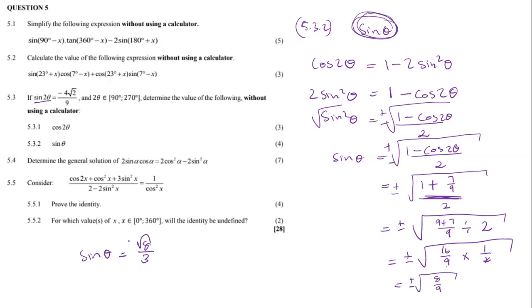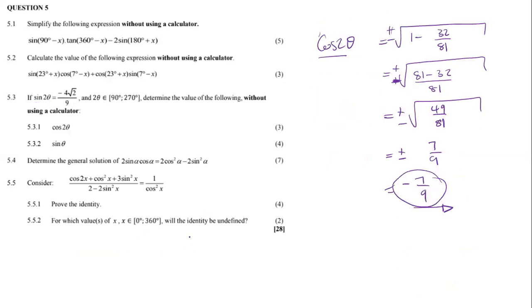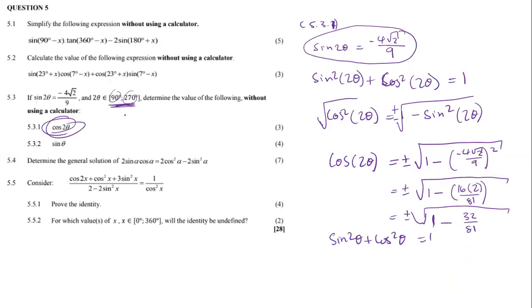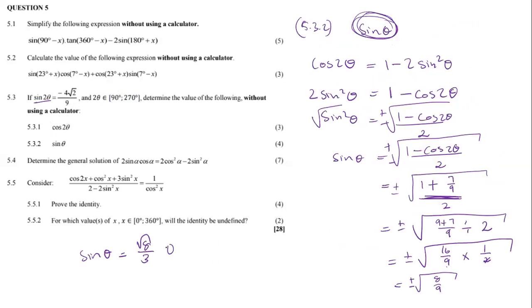At this point, we take the positive one because this is a double angle. When it is a double angle, you take half of your interval. Half of the interval, this is 90. Remember, they say 2 theta is supposed to be between this interval. So in this case, we say theta, not 2 theta, is supposed to be between 45 degrees, because half of 90 is 45, and half of 270 is 135, so we write 135 degrees.